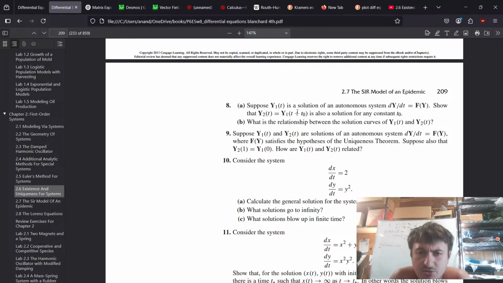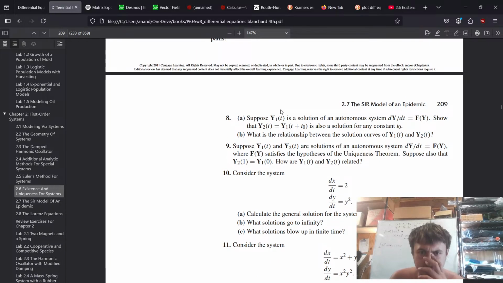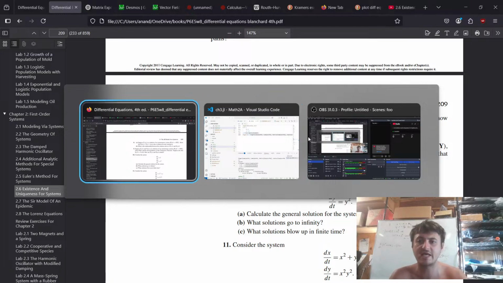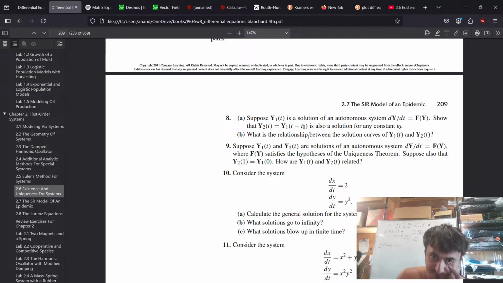Show that y2... what is the relationship between the solution curves? They are just offset. They're exactly the same. They just happen to have a different reference for what you call t0, but they're exactly the same curve since they're autonomous.